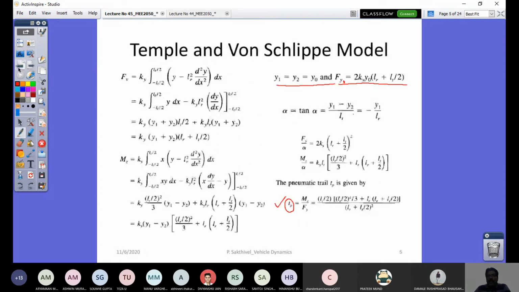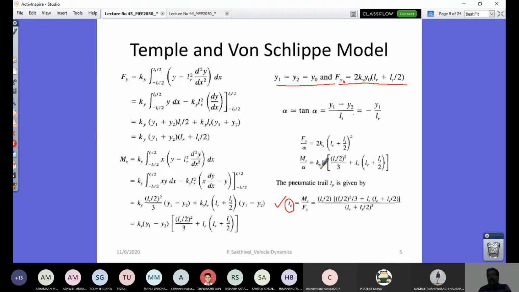Right, so we would appreciate the model proposed by Temple and Wanshipy, which is an analytical model. You would say so till this point, but since you are going to use your experimental data and you are going to calculate Ky and Lr, it is sometimes called a semi-empirical formula, right?